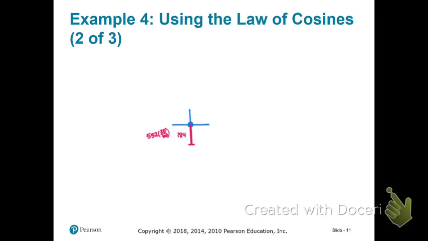At that time, the F-16 is passing over Orlando, and it's going north 37 degrees to the east. So from the north, he's going 37 degrees to the east. It says find the distance between the two planes 3 hours after that F-16 passed over Orlando.